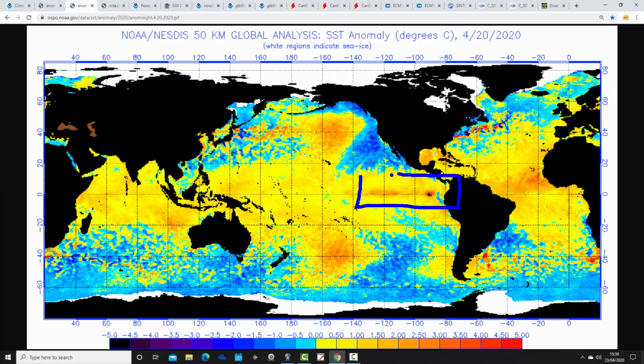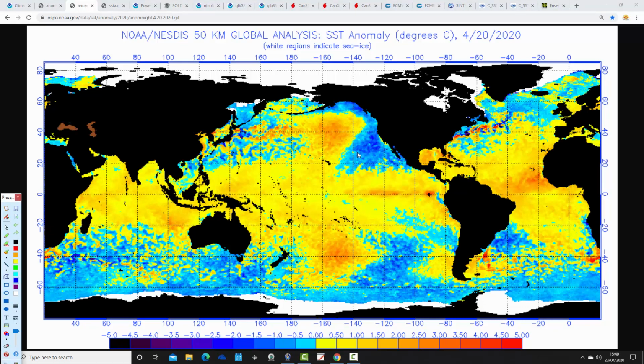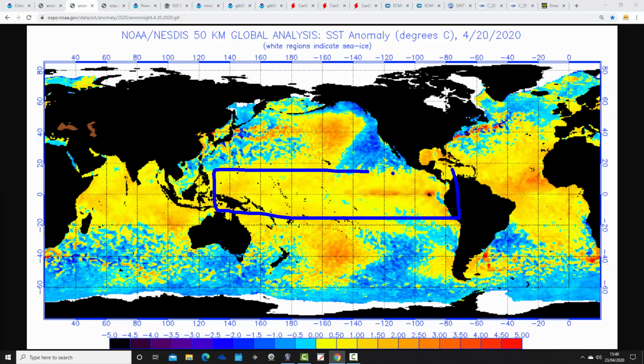If anything, we're looking at a slight warming on the eastern side, on the Peruvian side. And that looks like a very slight signature for El Nino at the moment in terms of the sea surface temperature. However, overall, we're at ENSO neutral still across the broader body of the equatorial Pacific Ocean. We remain on the warm side of ENSO neutral.